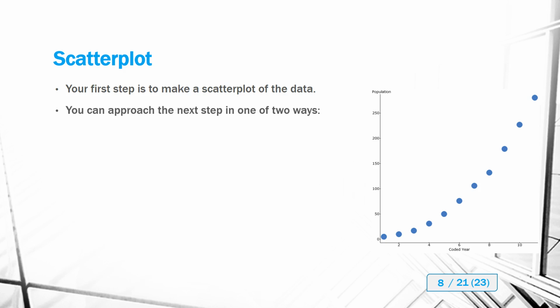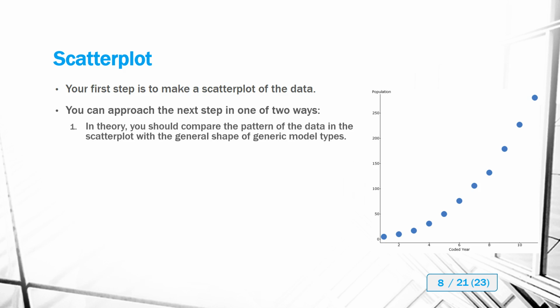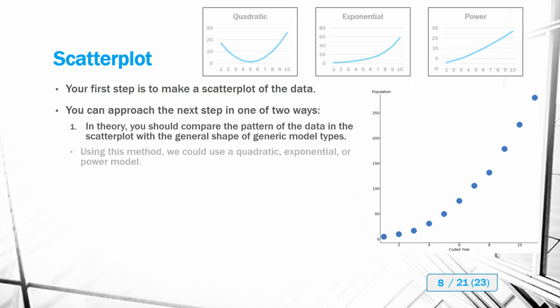This is actually the first of two approaches that we could take for our next step. Okay, so in theory what we should be doing is comparing the pattern of this data set with the general shape of generic model types. And when we do that, looking back at the 5 that we looked at previously, we're going to come up with 3 possibilities.